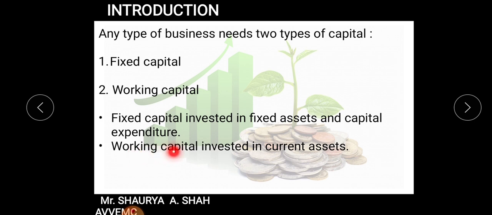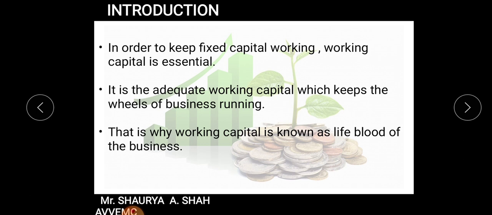Why? Because the money which comes from working capital will be allocated to fixed capital investment, fine? So I suppose you now have some idea regarding capital. Mainly we can divide our capital into two parts: one is fixed capital, the second is working capital. Again, as I told you, in order to keep the fixed capital working, working capital is essential, right?